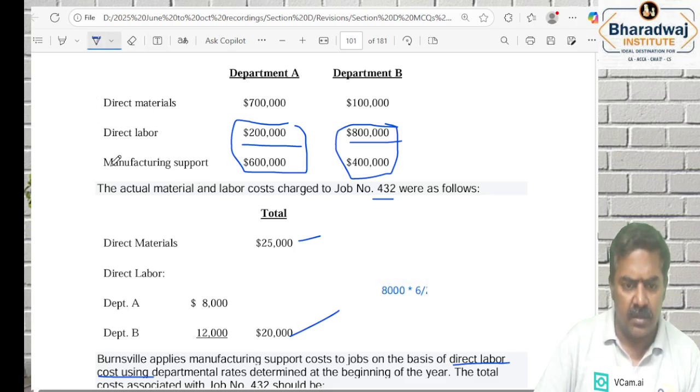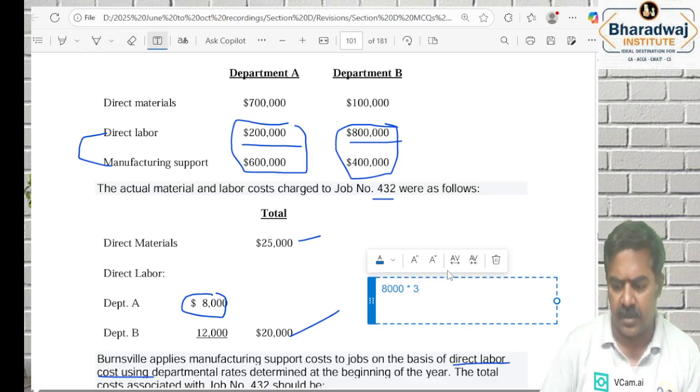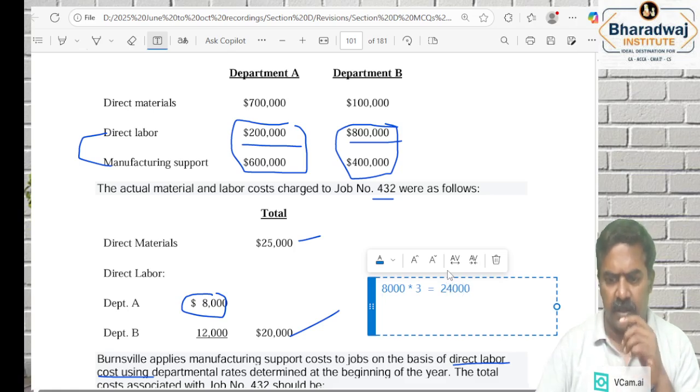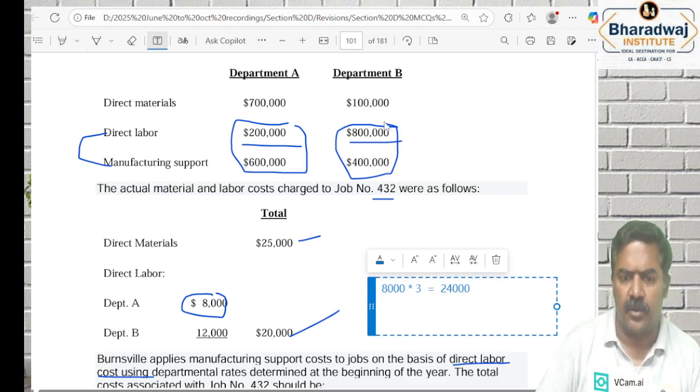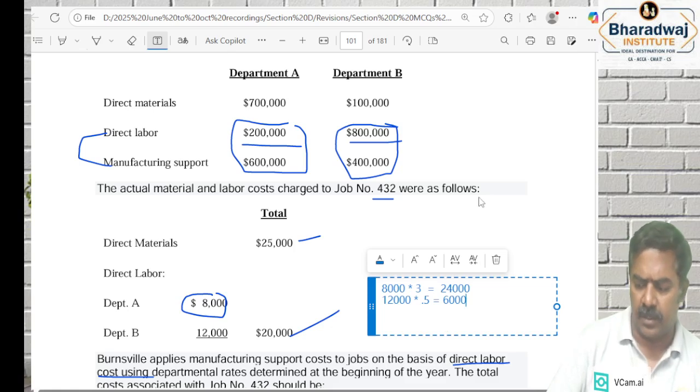Overheads are 3 times of labor. So what will be the overheads? 3 times. That's why 6/2, or you can put 3 times. 8,000 into 3, 24,000. For the other department, overheads are half the direct labor, which means department B, 12,000 into 0.5, 6,000. So 30,000 will be the total overheads.